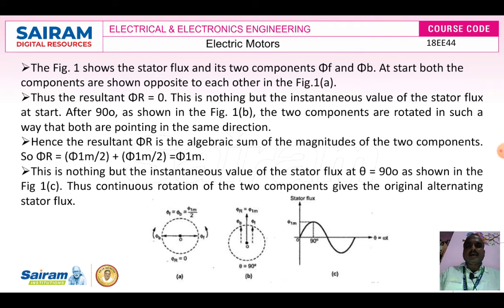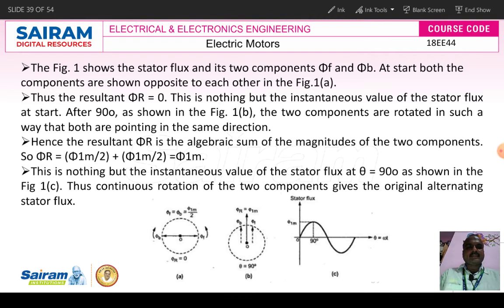At start both components are as shown in figure 1a. When the two are opposite each other, the resultant flux is equal to 0. So at the starting condition the resultant flux is equal to 0.